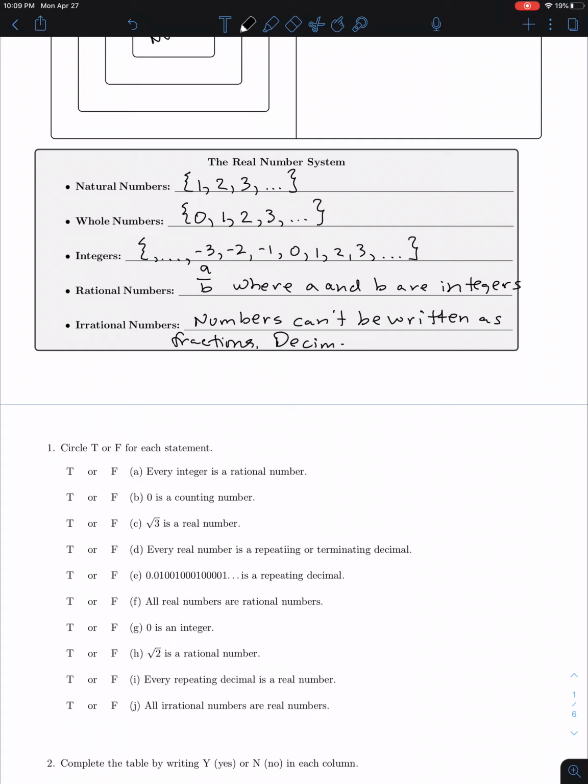And another way to think about it from a decimal perspective is their decimals are non-repeating and never ending. Sometimes you'll hear it called non-terminating.